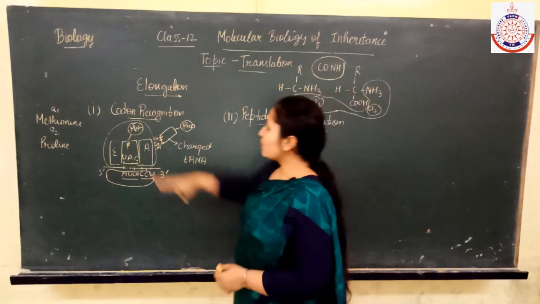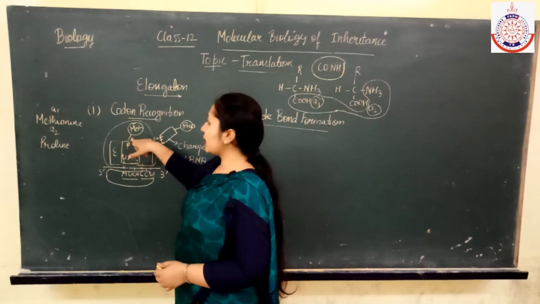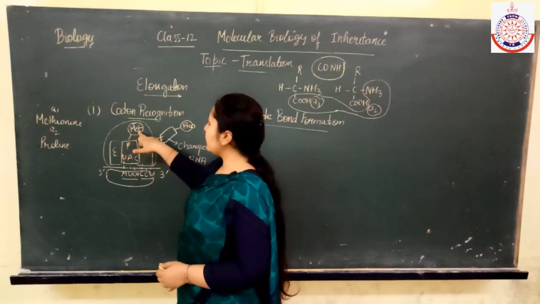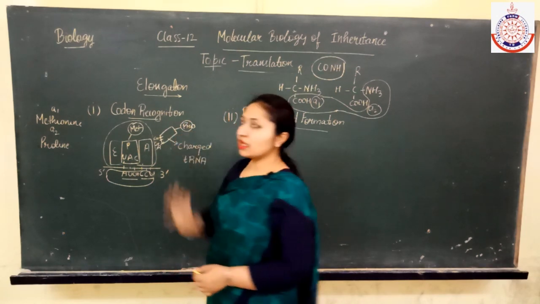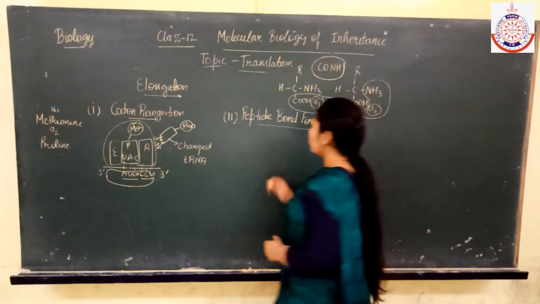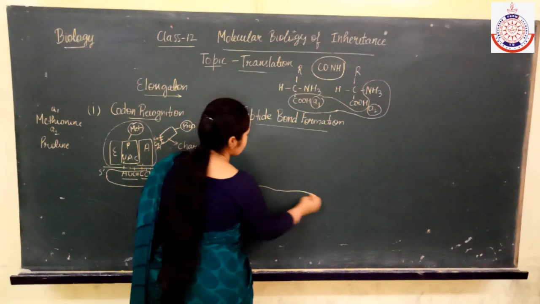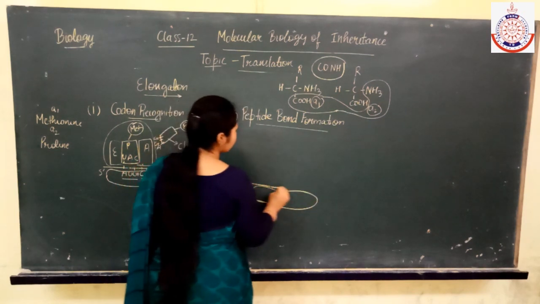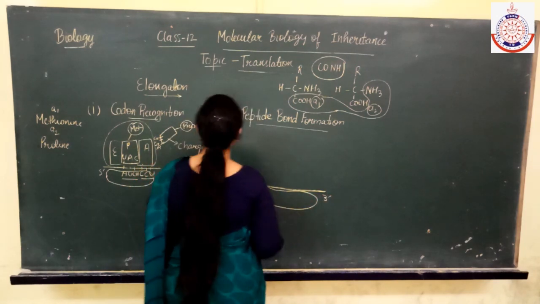So this bond will break down from here, and the methionine will make the peptide bond with the proline. Let's see here. This is the small ribosomal subunit and this is the mRNA, with 5' and 3' here.